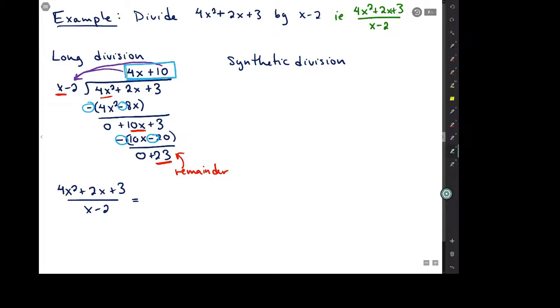My quotient is 4x plus 10 plus my remainder, 23, divided by the original expression that I was dividing by. So again, my remainder, this comes from the remainder, and then this comes from what's called the quotient.